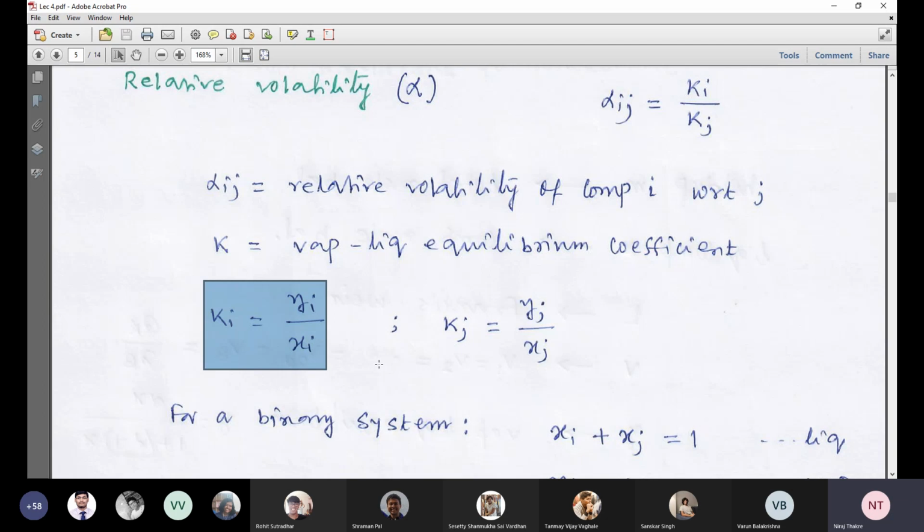Ki equals Yi by Xi. Can you tell me how we calculate Yi? Forget about distillation modeling now. Just think there is a vapor and liquid. How do we calculate the vapor composition? I think you have started this in your process calculation. How do we calculate X for an ideal mixture? Anyone?